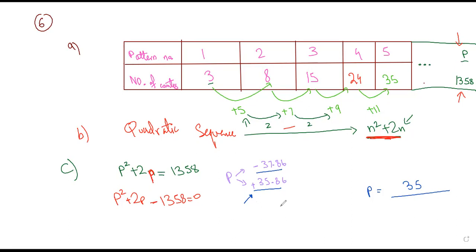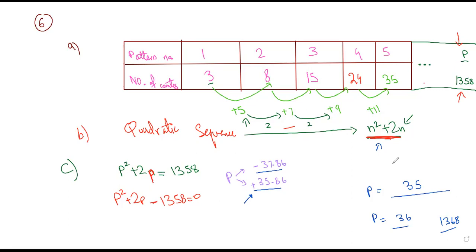If we are saying it is P equals 36, just use P equals 36 and check how many counters we would need. For P equals 36, how many counters would we need? We will use this formula. We will need 1368 counters, right? And he does not have 1368 counters.